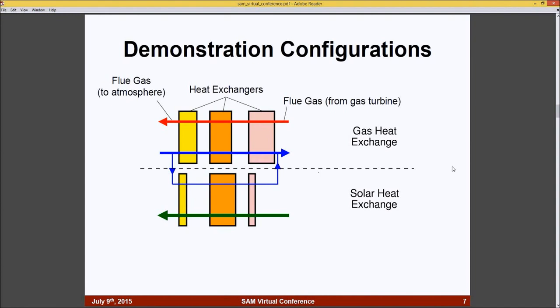So this example system just has 3, but a real system would have possibly many, many more, and all sorts of different combinations, and those can be economizers, evaporators, superheaters, or reheaters. And after the flue gas passes through the heat exchangers, it goes out to the atmosphere.